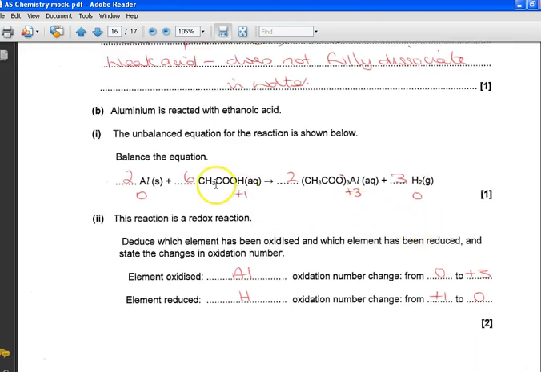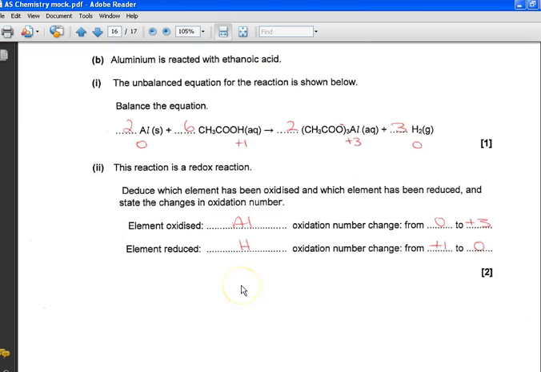Reacts with ethanoic acid, yeah, and you had to balance the equation. Pretty straightforward. Look at which element is oxidized and which has been reduced, and the oxidation number changes. So obviously we've got 2 elements here, so 0 and 0, so we know what we're looking at. Hydrogen is always +1 unless it's in a hydride, and it isn't here, it's just in an acid, so +1 to 0, which means it's been reduced.